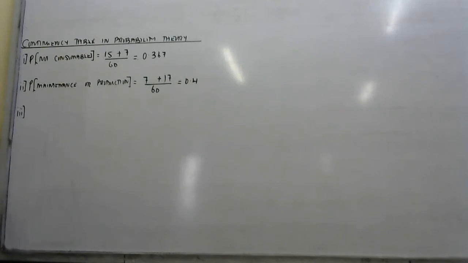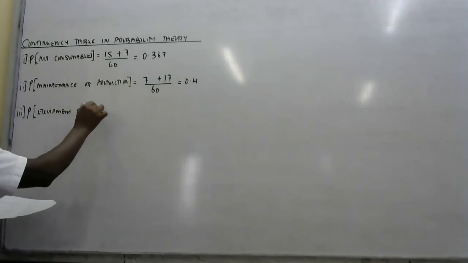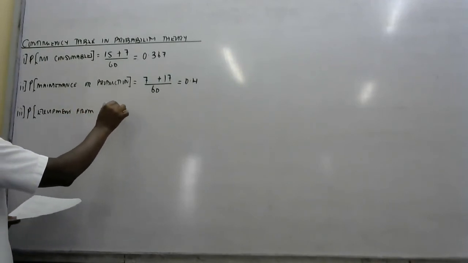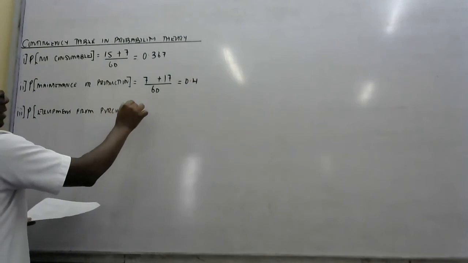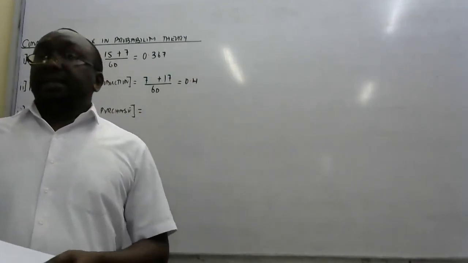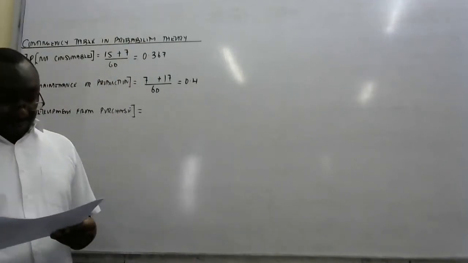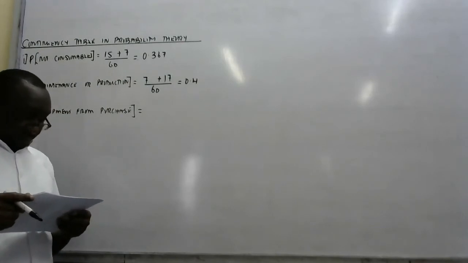Probability that the incorrect order was equipment from patches. So the probability it is equipment from patches. In other words, this is the one you are saying given. The Bayesian: equipment given patches. So we said you go to patches first. You identify patches.